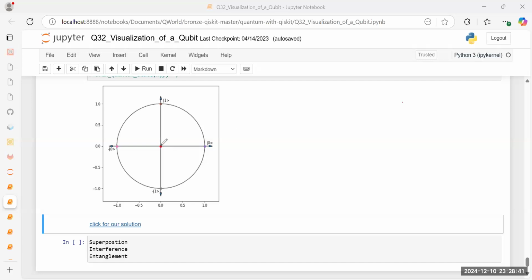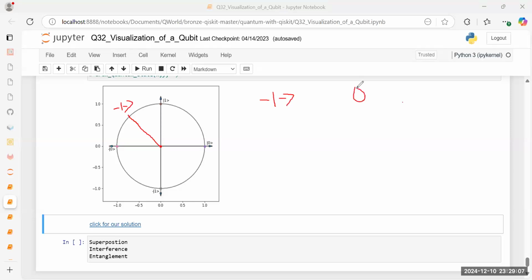Okay, so a question for the chat. At this location, we have the minus state. So what's theta at the minus state?